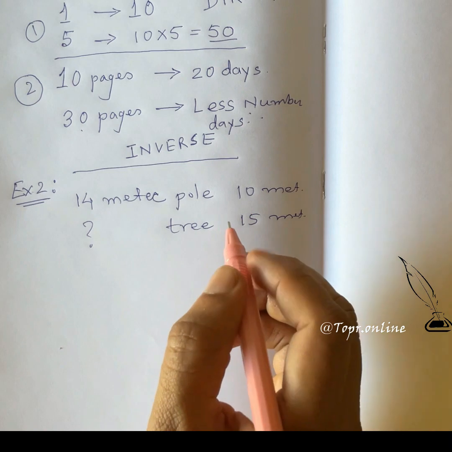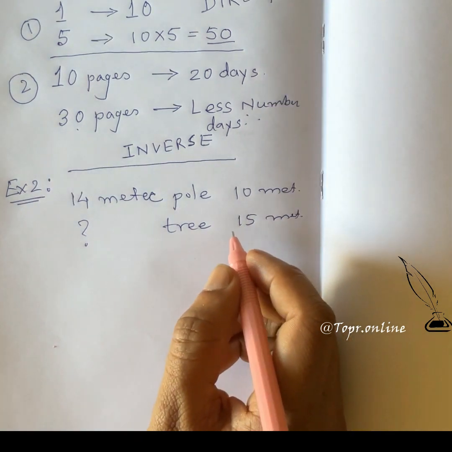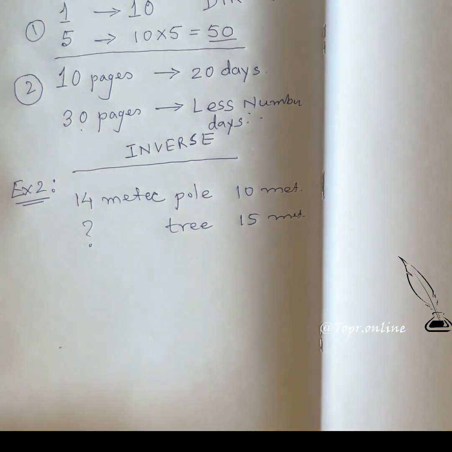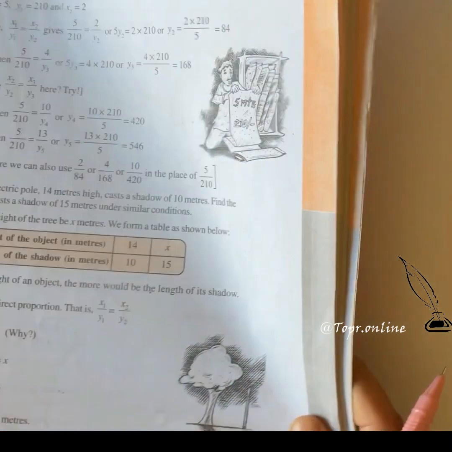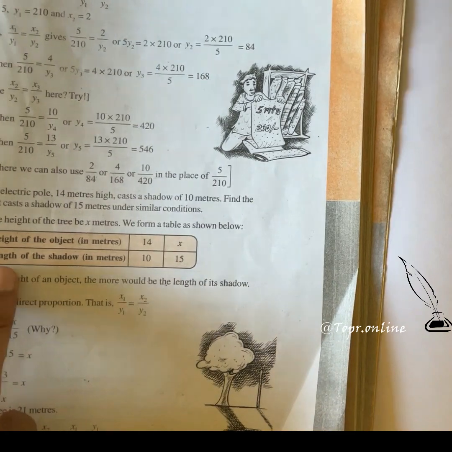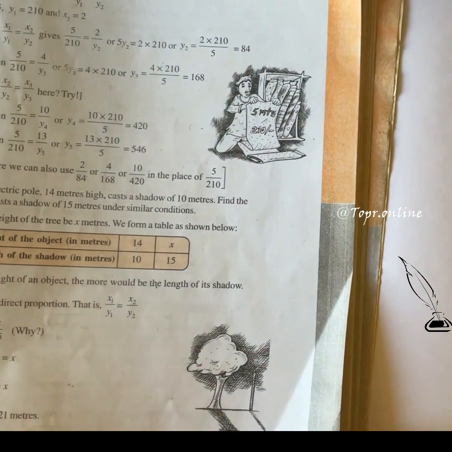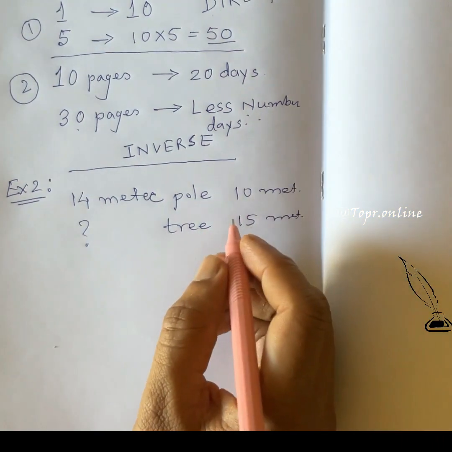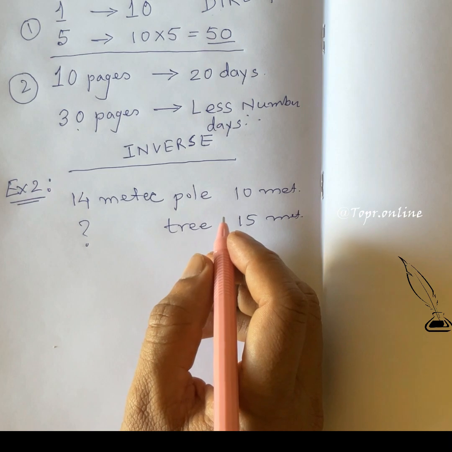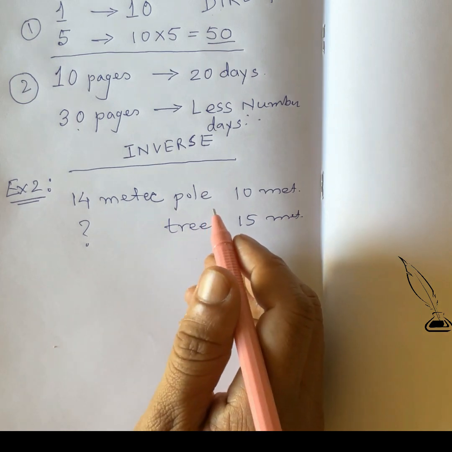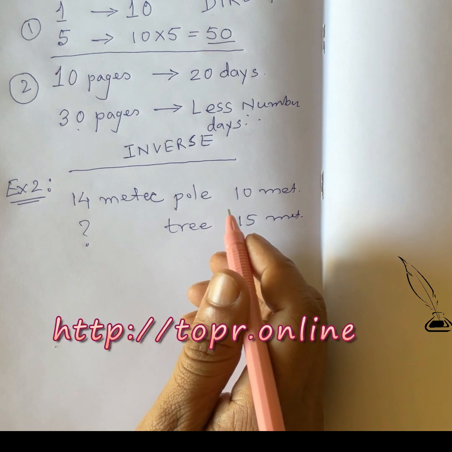To solve it, note that the example gives the height of the object in meters and the height of the shadow in meters. These two related quantities should be tabulated, written in a table format. That will give you a very easy solution for your problem.